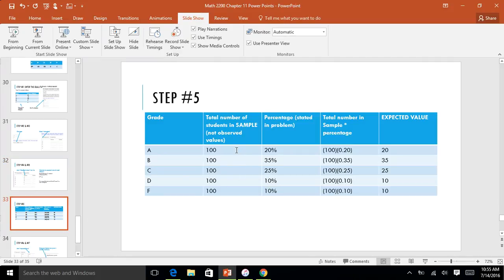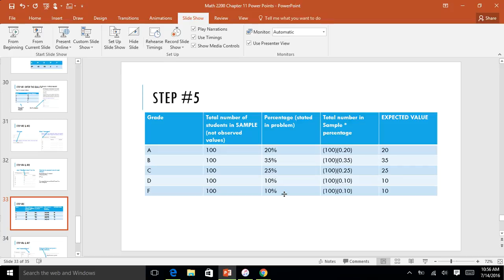So 100 times 0.20, because that's the percentage of A's, is 20. So I expect to have 20 A's. B's were 35%. So 100 times 0.35 is 35. 100 times 0.25 is 25. So I expect to have 25 C's, 10 D's, and 10 F's. Okay, it was different than last time, remember? Because she believes her proportions are different.